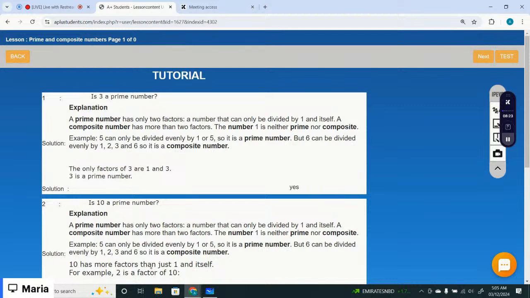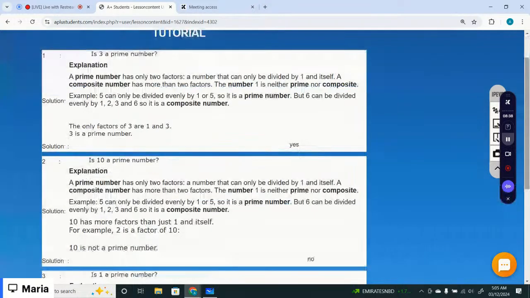Let's just start with the example. Is 3 a prime number? Yes, it is because only 1 times 3. You don't have any other numbers that when multiplied make 3, right? Is 10 a prime number?